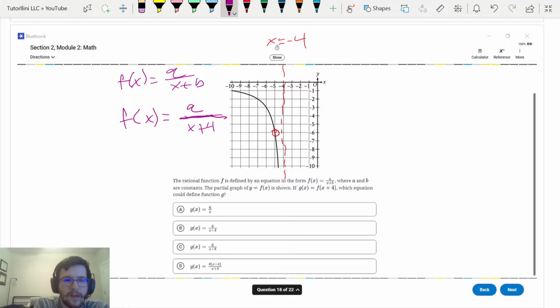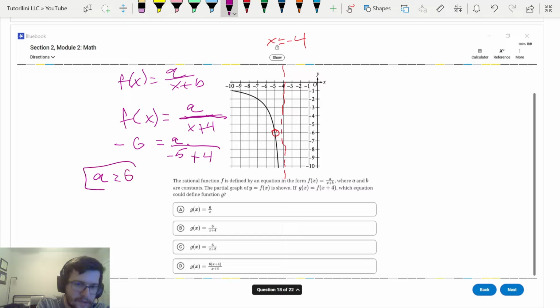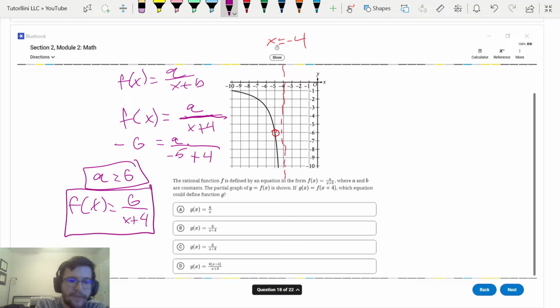So -6 equals a over -5 plus 4. So you get -1, and then you multiply both sides by -1, and you get a equals 6. So the function is 6 over x plus 4, and that's what you needed to recognize. And you could now graph that on Desmos or on your graphing calculator just to confirm that you did it right.